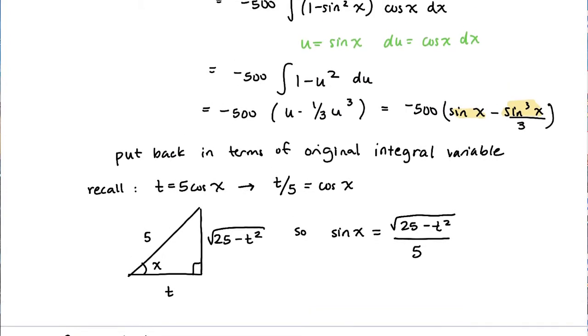And then that allows me to rewrite the antiderivative with t's.